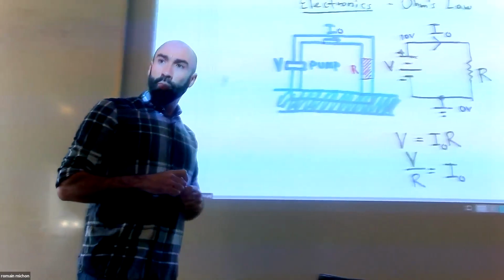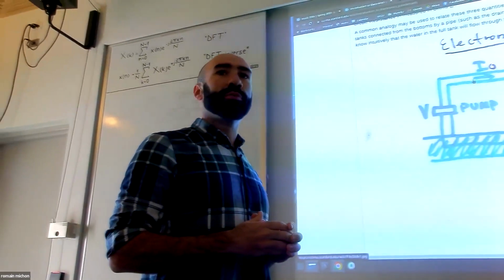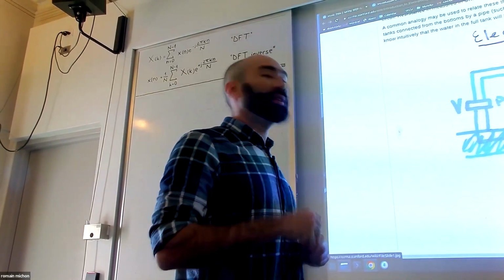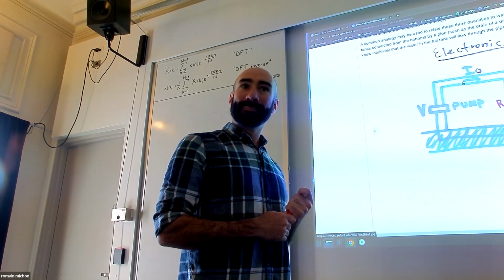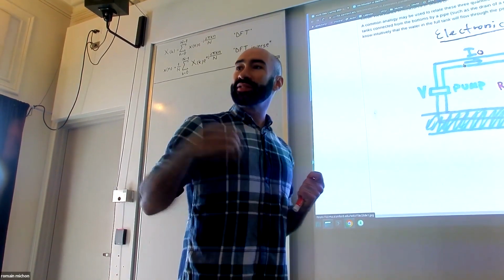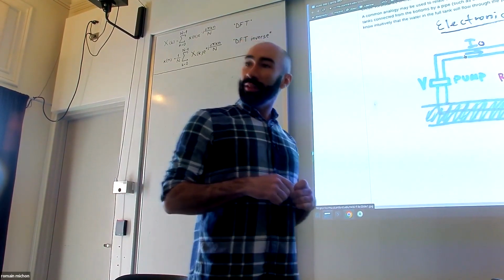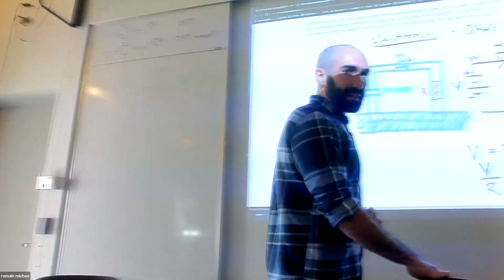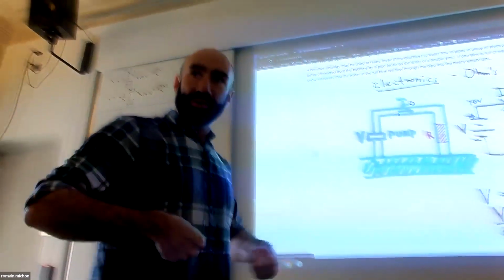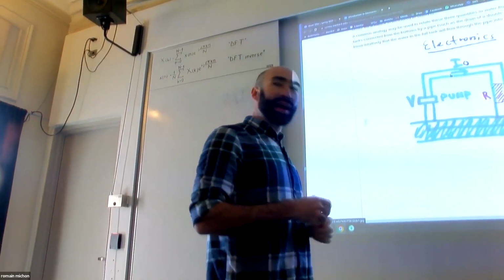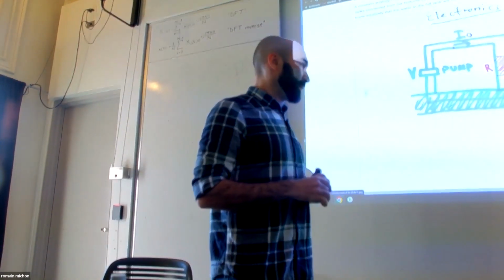Do you know what the pressure parameter is going to be for an electronic circuit? What characterizes pressure? Would it be the voltage? It's going to be the voltage, exactly. So the higher the voltage, the more pressure you're going to have in your pipe or wire.